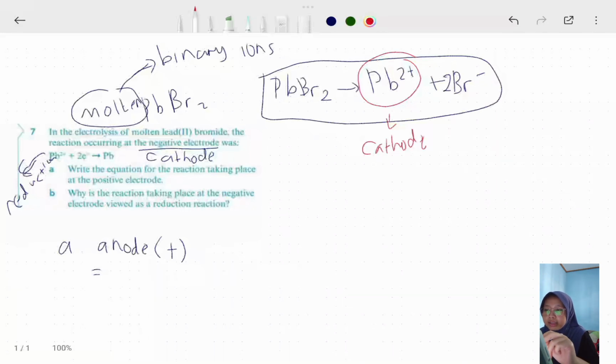Since this is a molten electrolyte, each ion of the compound will be reacting too.